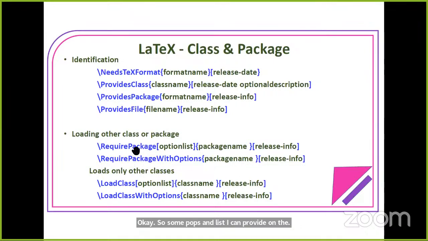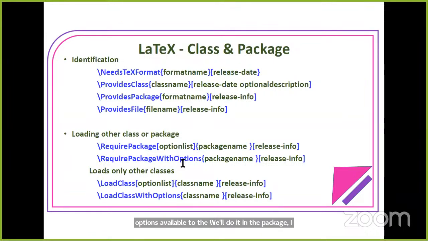There are two things here. One is RequirePackage, another one is RequirePackageWithOptions. So here I will be indicating some package available with my package name, as well as whatever options available with the original package that I need to include, I list out what options I'm going to use.